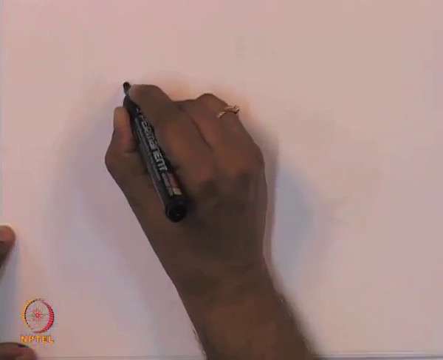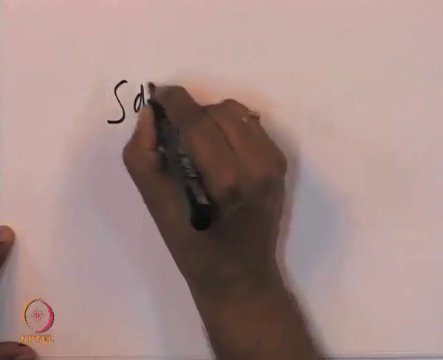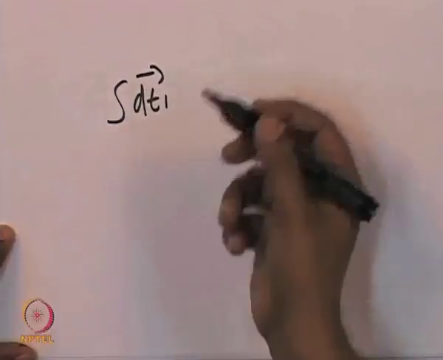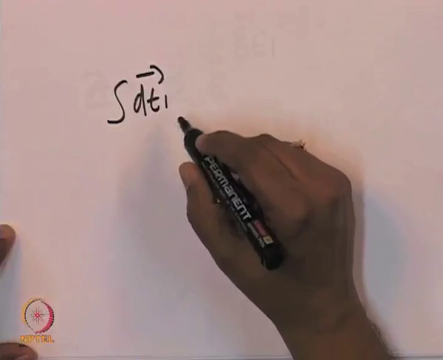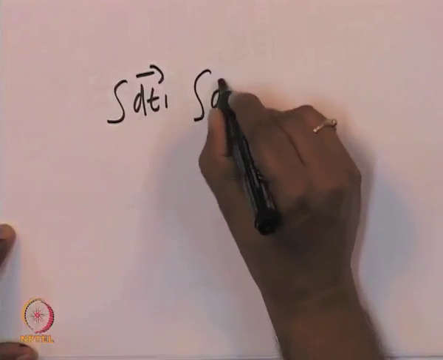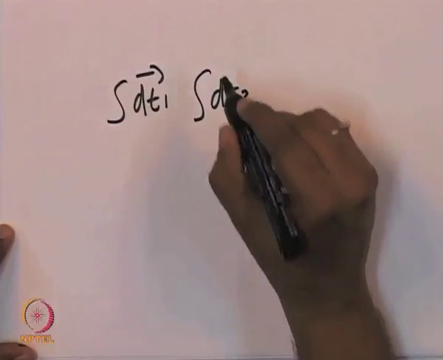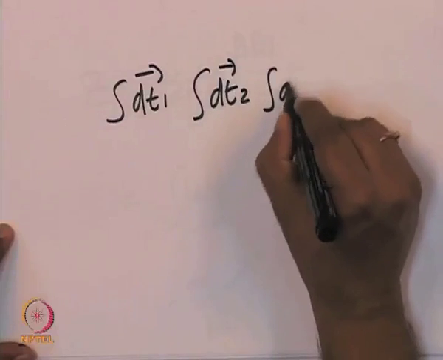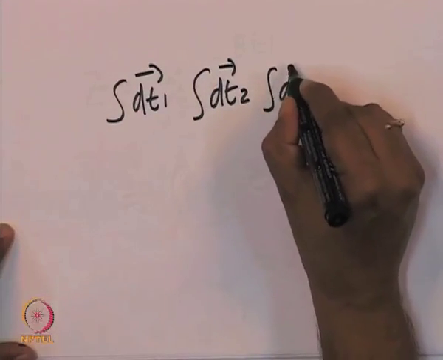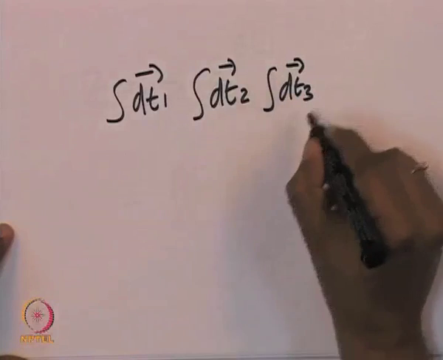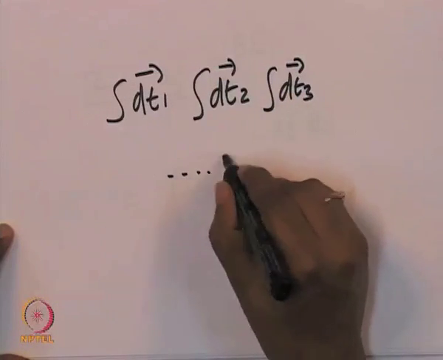So, the way to write it is, the first tangent vector dt1 can take any values, integral over all possible angles, and the second one also can take all possible conformations. The third tangent vector can also take all possible conformations, dot dot dot, and similarly there will be n tangent vectors.